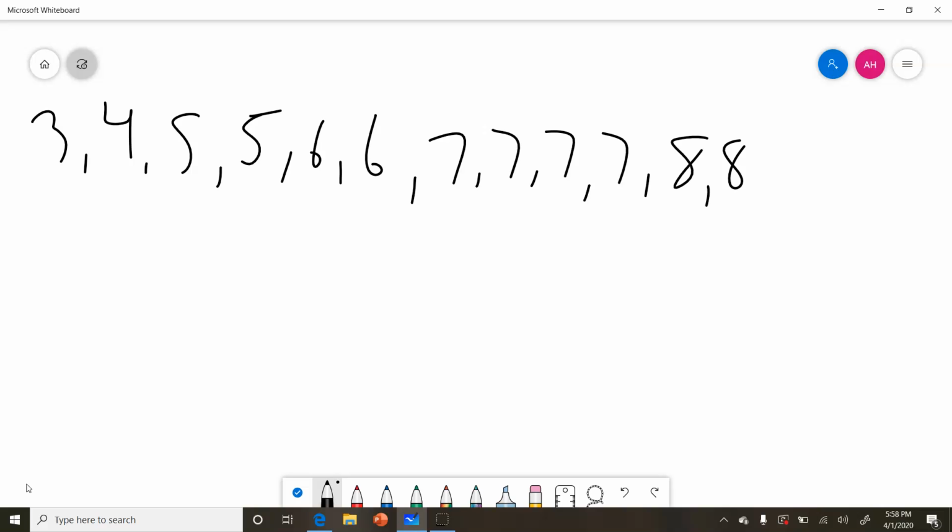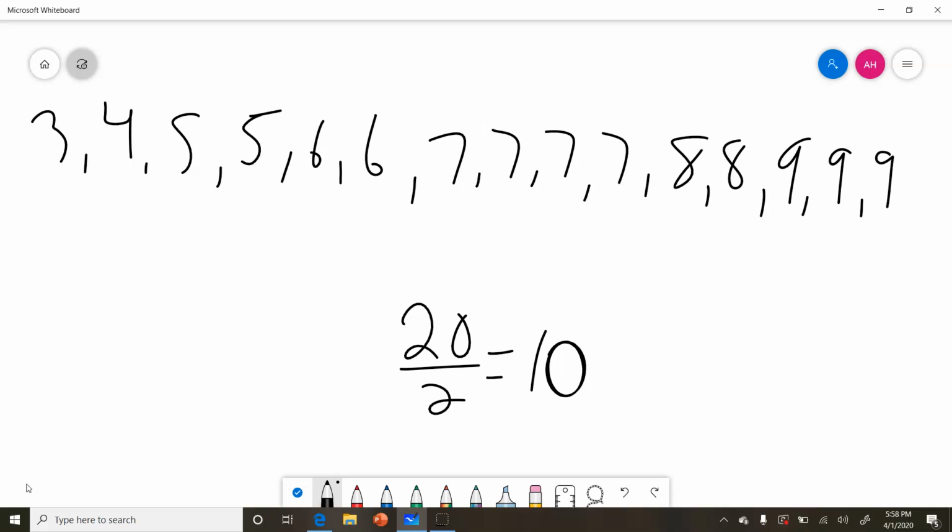Now, think about this. If there are 20, divided by 2 is 10. So the middle one is going to be on the 10th term, right? Because it's not an odd number, it means it's going to be the 10th and 11th terms. So we go here. So we have 8, 8. Sorry. 9, 9, 9, 9. And then we have 10, 10, 10, 10.